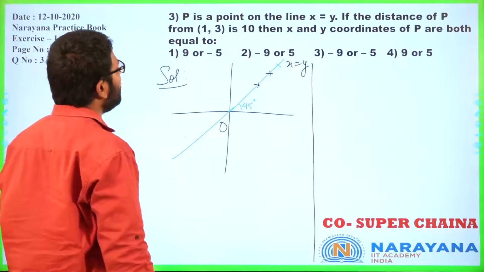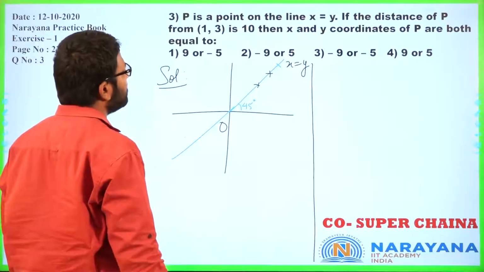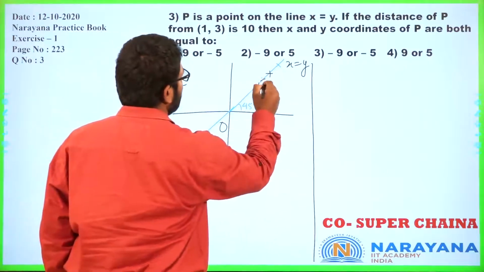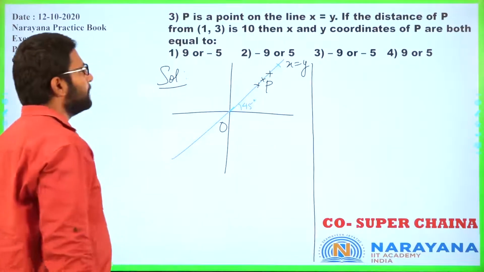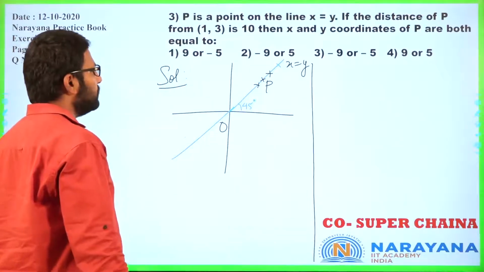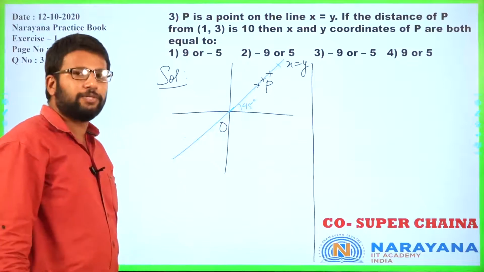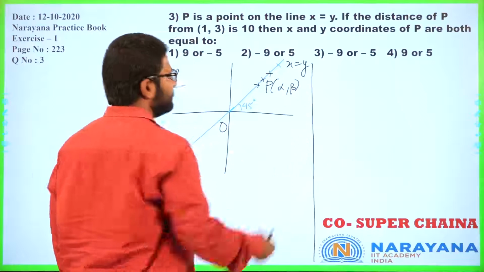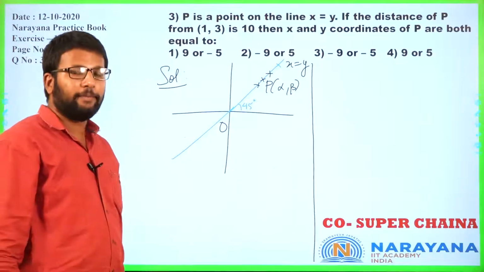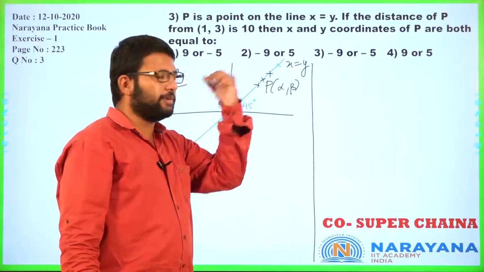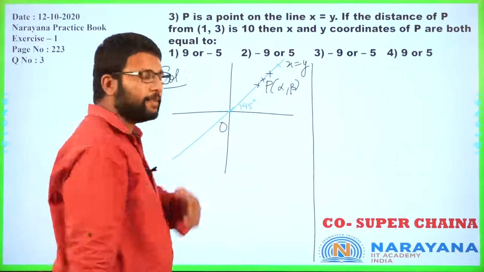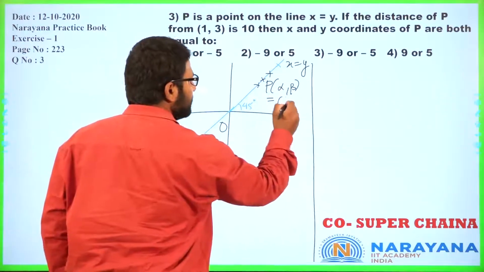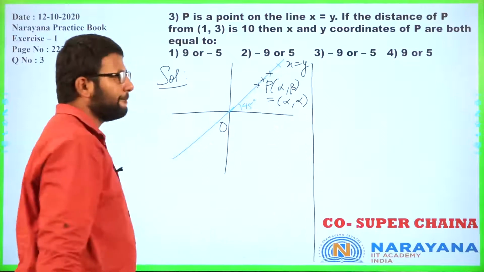Now, if the distance of P from the point, P is a point on this line. Let us call this point P. Now, if I want to write the coordinates of P, should I write P alpha comma beta? I can, but if I use the property that x equal to y, it means both coordinates are same, which means I can actually write it as P alpha comma alpha.